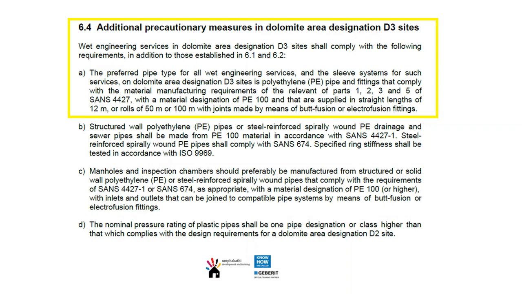Jointing method would be by butt welding or electrofusion, and they talk about straight lengths or rolls of 50 and 100 meters, and I would dread to see rolls of HDPE used for drainage, you're just not going to get a great system.